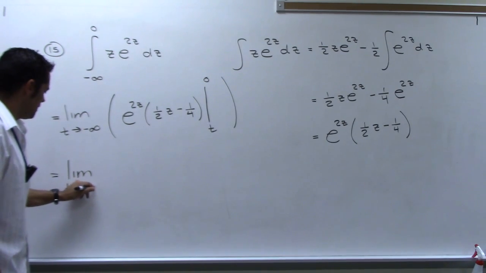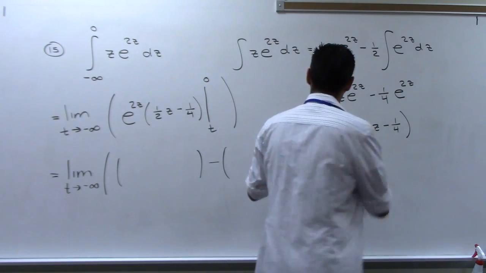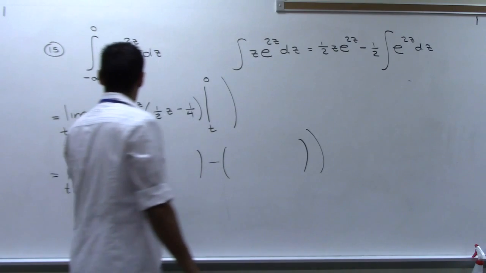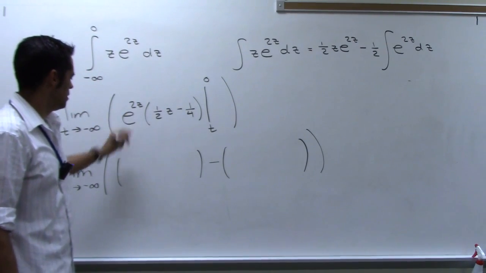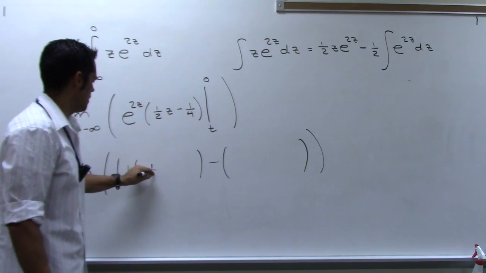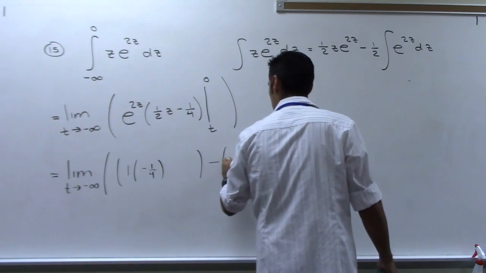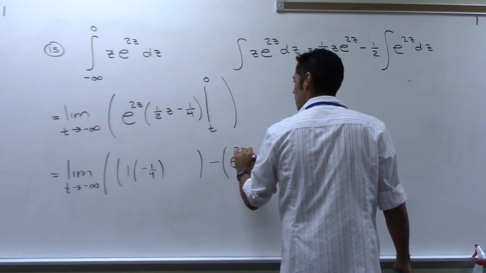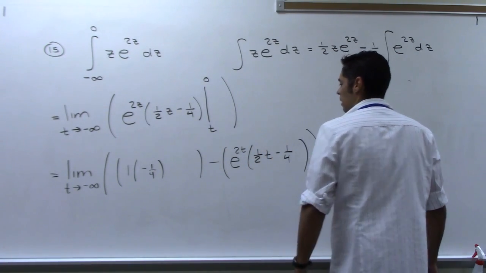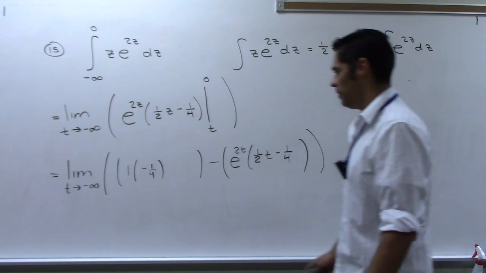Plugging in 0: e to the 0 is 1, then 0, then minus 1/4. And over here we plug in t, so we get e to the 2t times 1/2 t minus 1/4. Now at this point I need to plug in negative infinity.